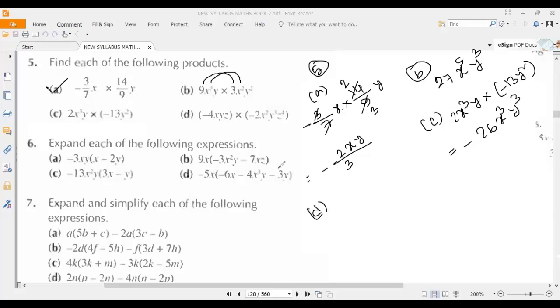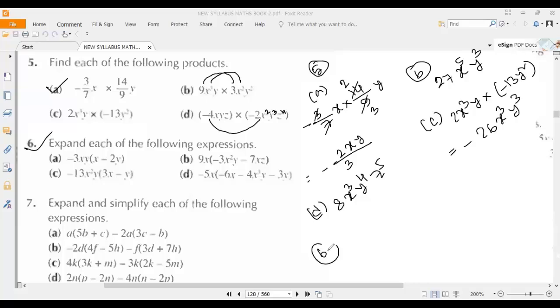Number D. Minus 4xyz into minus 2x square y cube z to the power 4. So here minus a plus 4 2s are 8. X into x square will be x cube. Y into y cube will be y to the power 4. Z into z to the power 4 will be z to the power 5. Done.